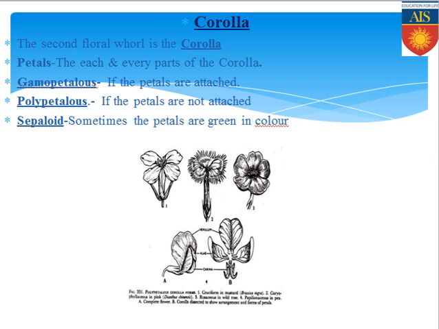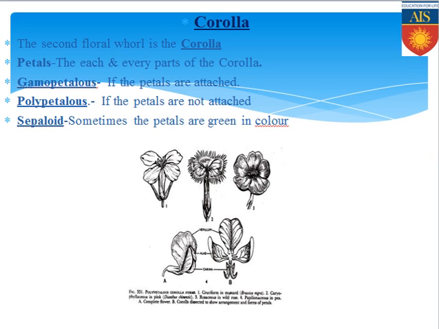Coming to the next floral whorl, that is corolla, the second outermost floral whorl. Keep it in your mind, each and every unit of the corolla is known as petal, okay, and if the units of the corolla are present in a united manner, then it is known as gamopetalous. If they are present freely, then they are known as polypetalous.